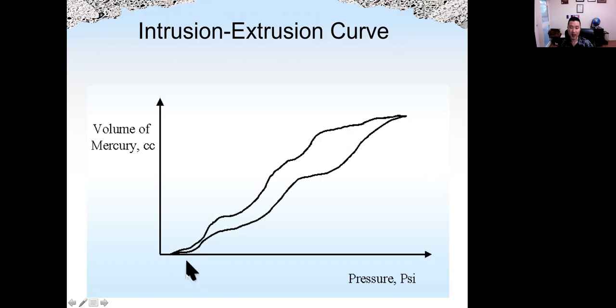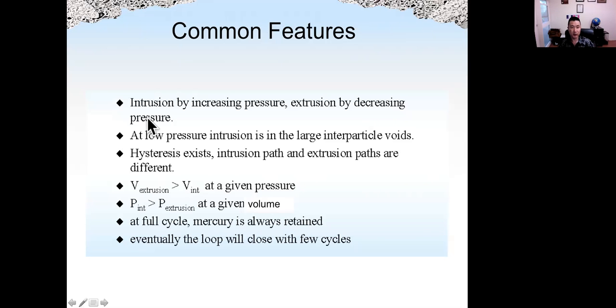The x-axis is the pressure in psi, and the y-axis is the volume of mercury. The volume of mercury basically is the pore volume of the sample. Intrusion occurs by increasing the pressure on the mercury, and extrusion by decreasing the pressure.